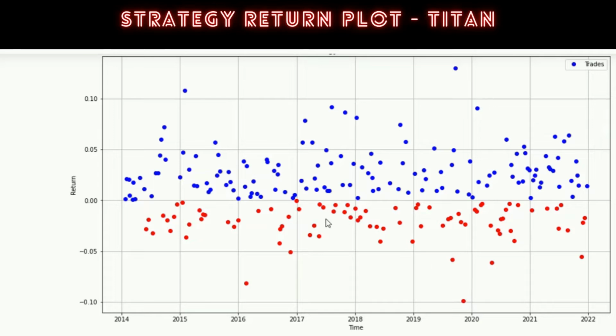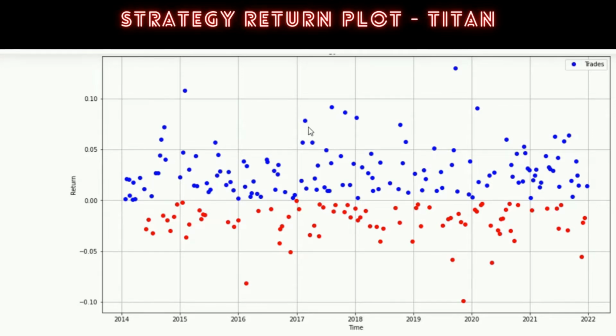Okay. We can analyze quite a few other things here. Between the period 2017 and 18, for instance, all of our loss-making trades were above the minus 5% line, which means all of our losses were under 5%, while many of the profits were upwards of 5%.